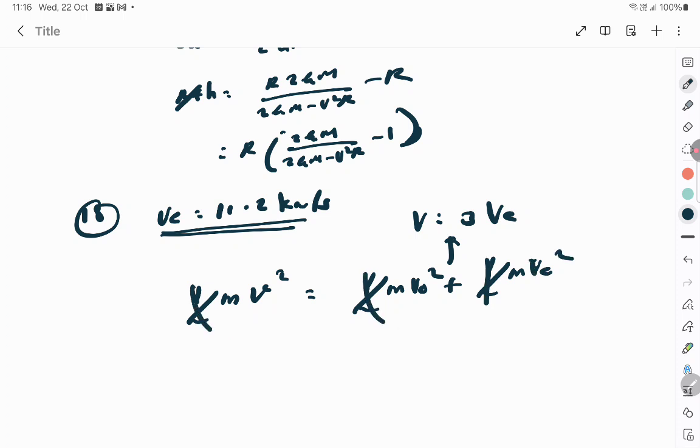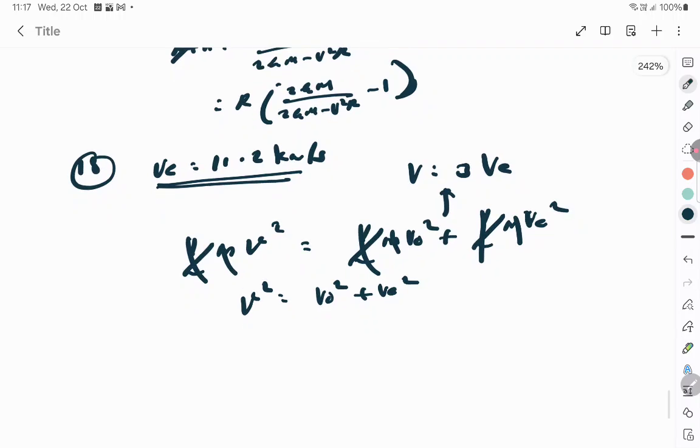So half gets cancelled, m gets cancelled. The velocity with which you are getting projected should be v0 square plus ve square. You already know that this can be written as 9 ve square is equal to v0 square plus ve square.